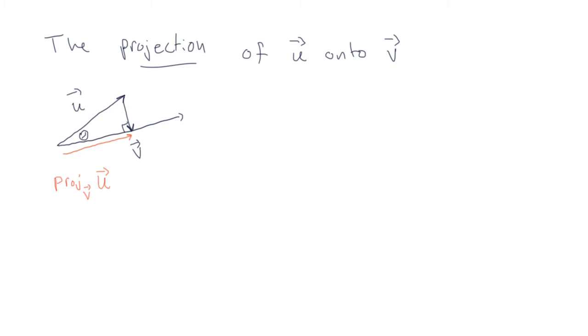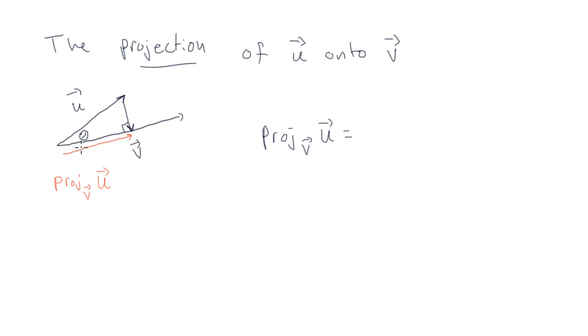And so how is this defined? Well, it's one of those things that you could probably figure out if you thought about it long enough. You see that we have this right triangle.